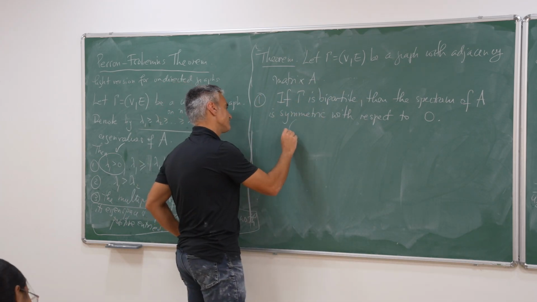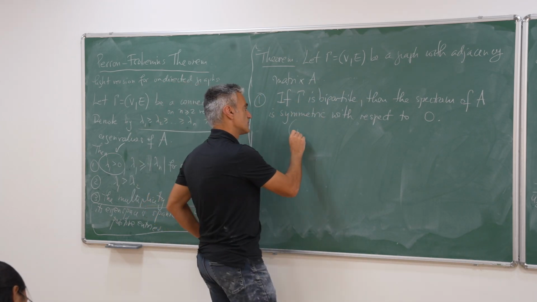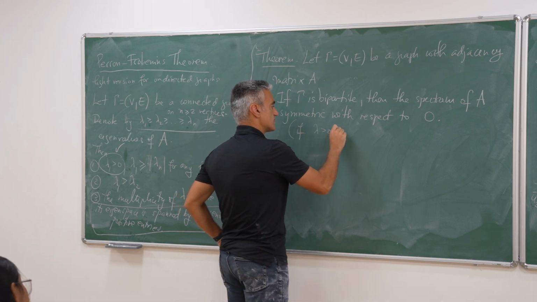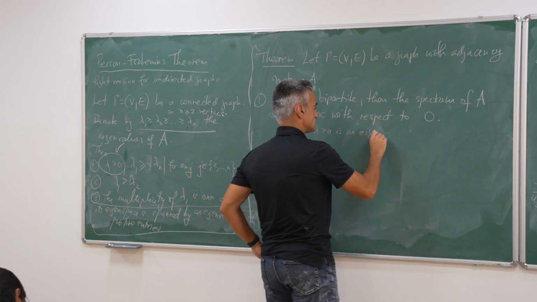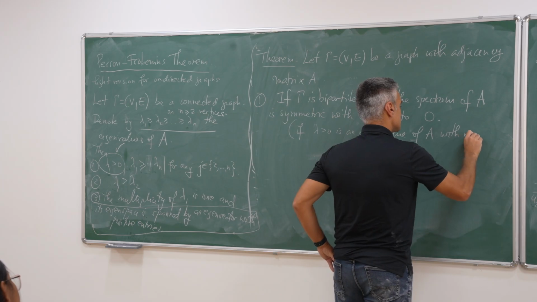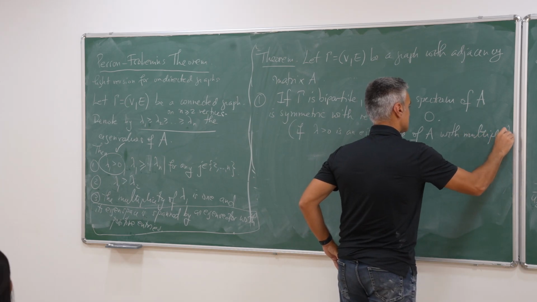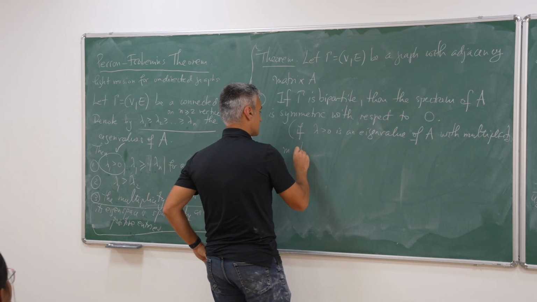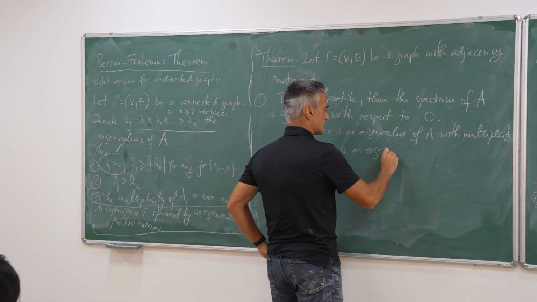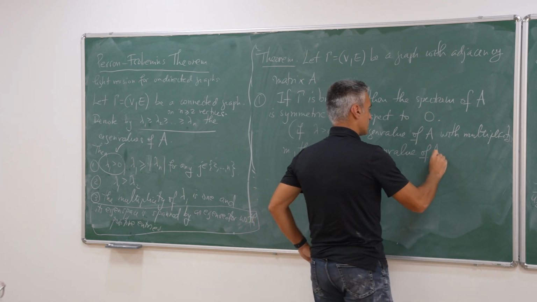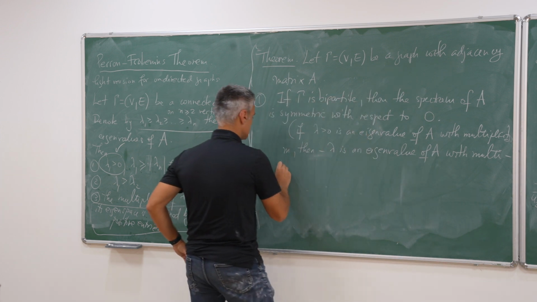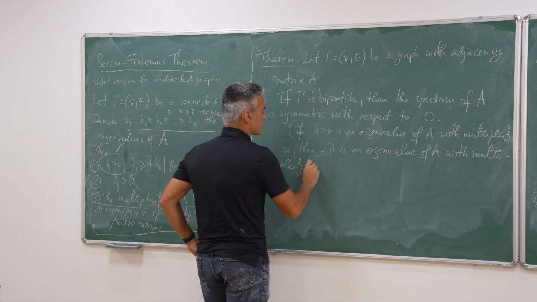I mean, if lambda is an eigenvalue of A with multiplicity M, then minus lambda is an eigenvalue of A with multiplicity M. I haven't talked about multiplicities.